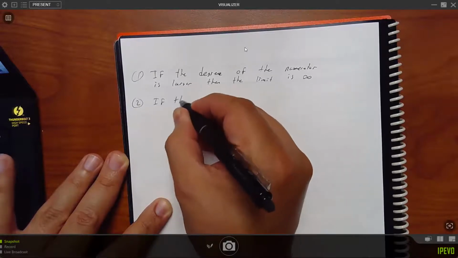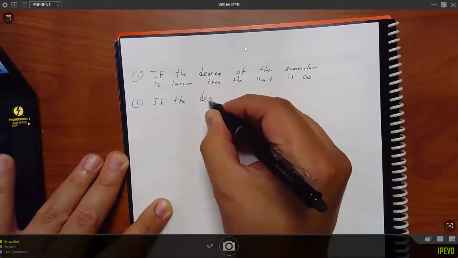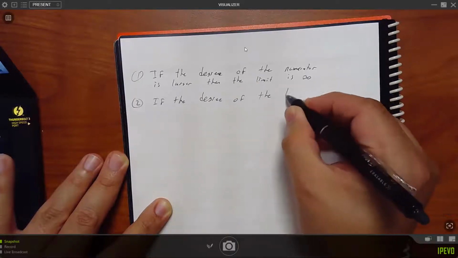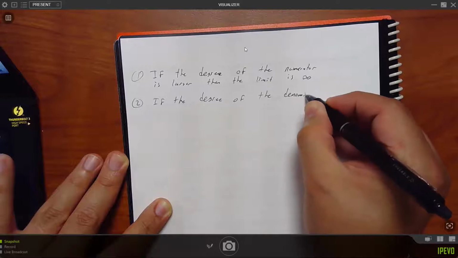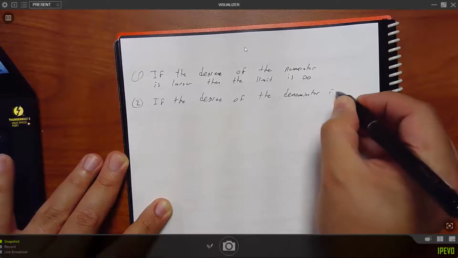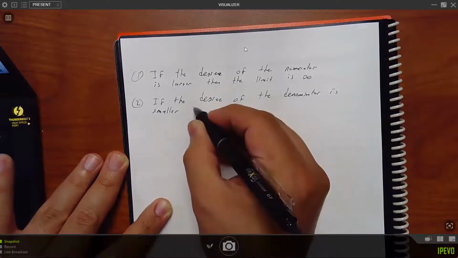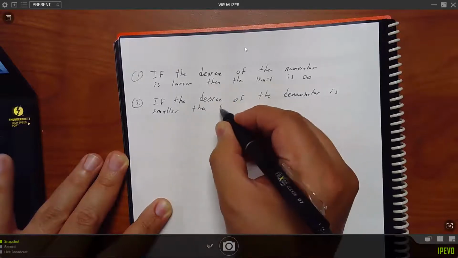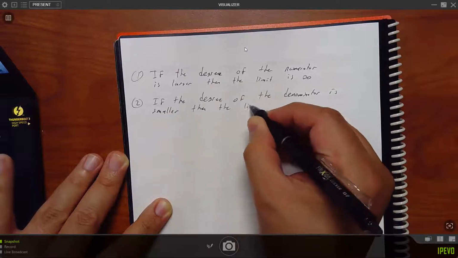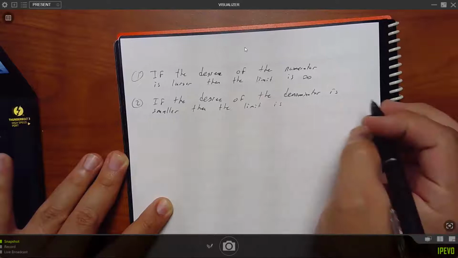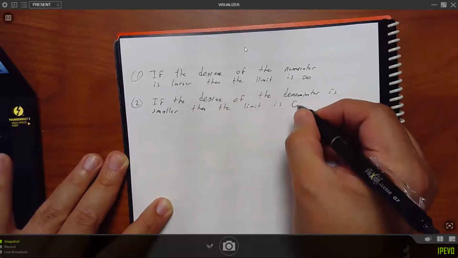If the degree of the denominator is larger than the numerator, the limit is 0.